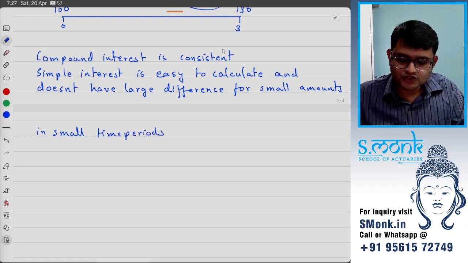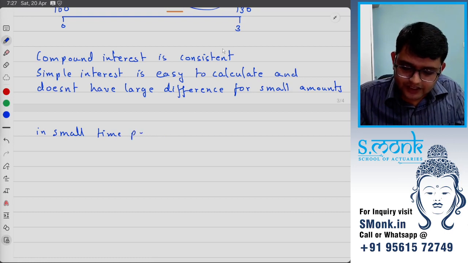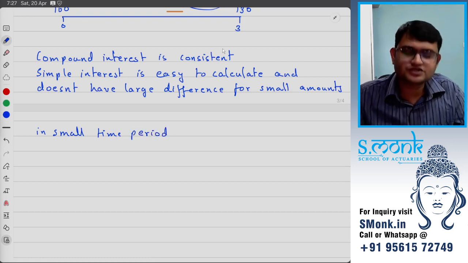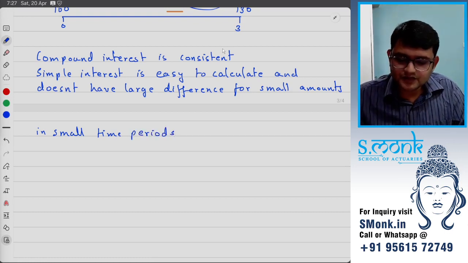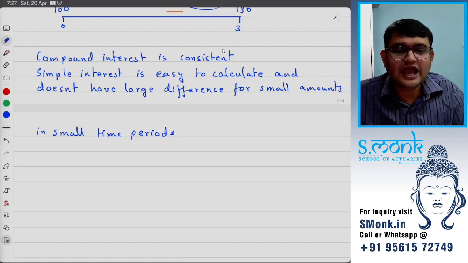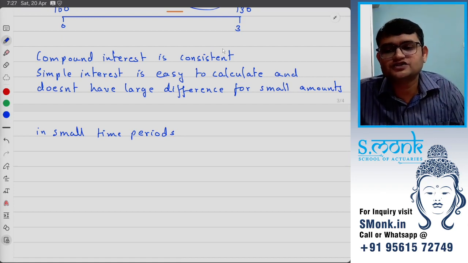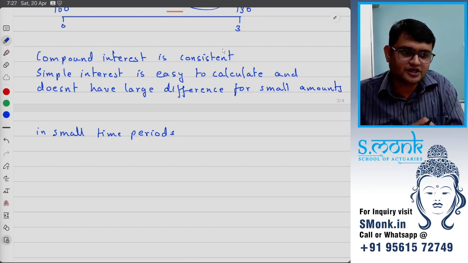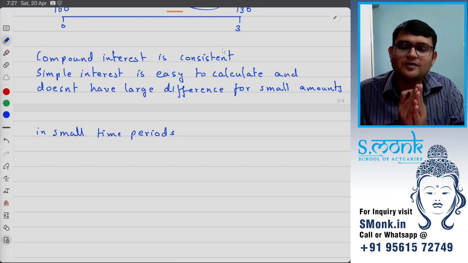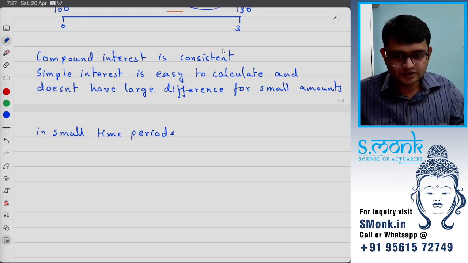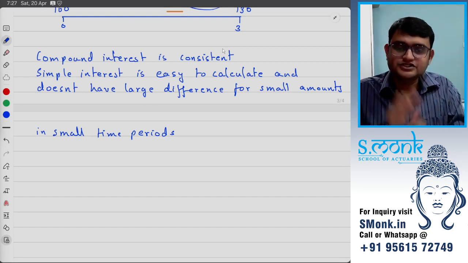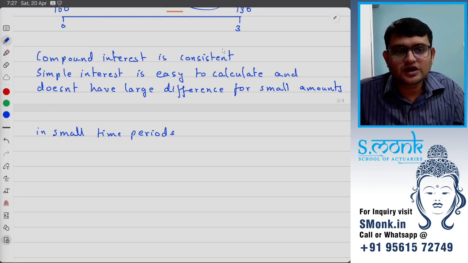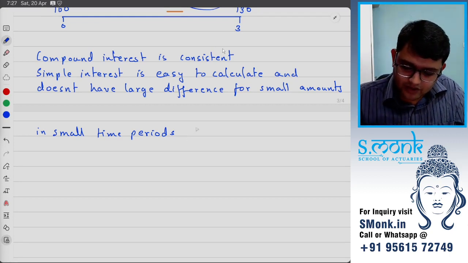Okay. So the reason we still use simple interest is because it is easy to calculate and does not have a large difference for small amounts in small time periods. Okay, if we use it for small amounts and small time periods, it does not give me a large difference compared to compound interest.